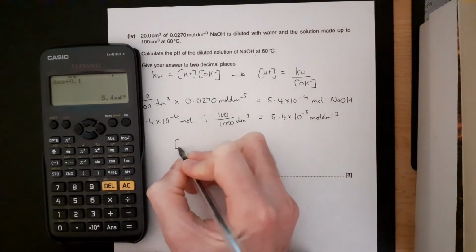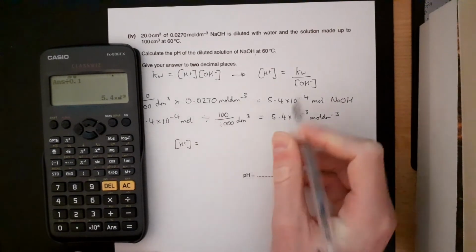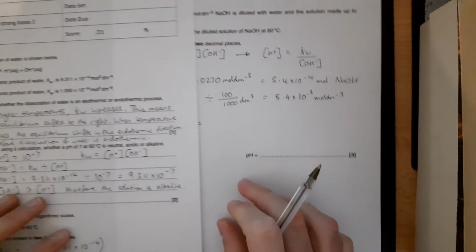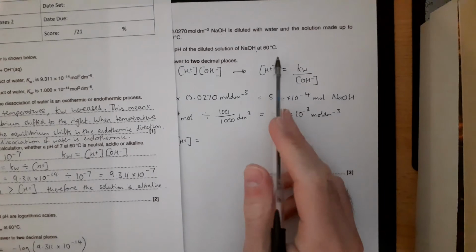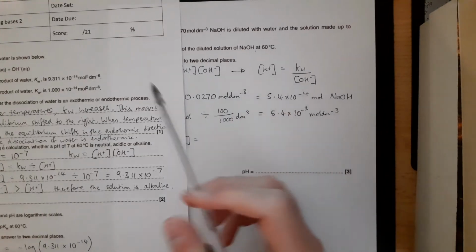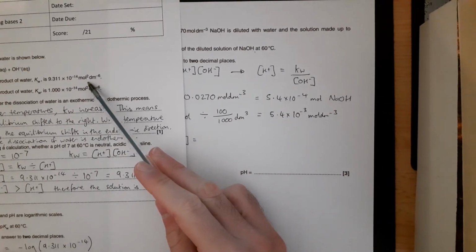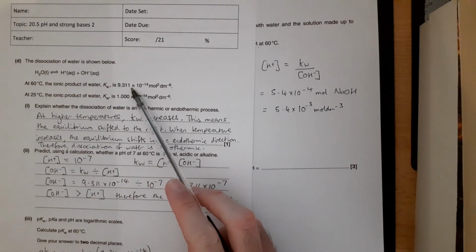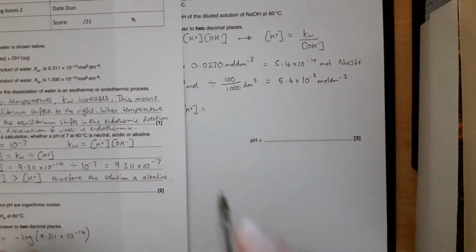So then the H+ concentration is going to be the value of Kw. So if we go back over the page, it was at 60 degrees, wasn't it? So we're going to use this value of Kw here because that was the one from 60 degrees. So it's 9.311 times 10 to the minus 14.